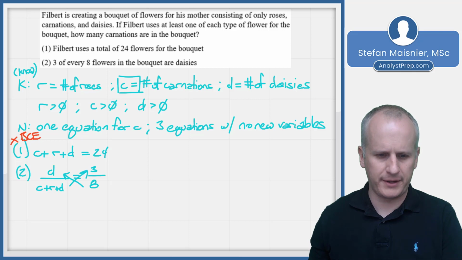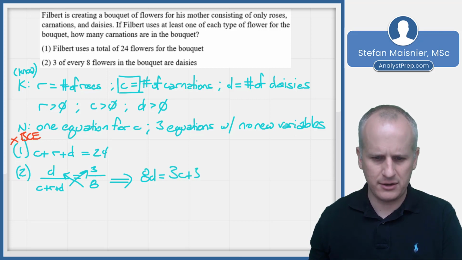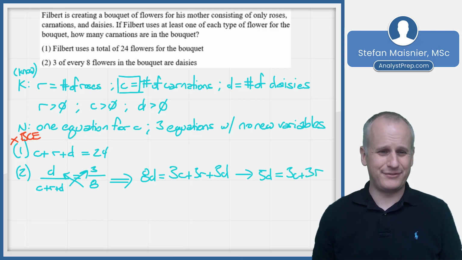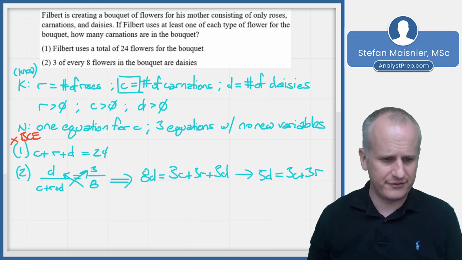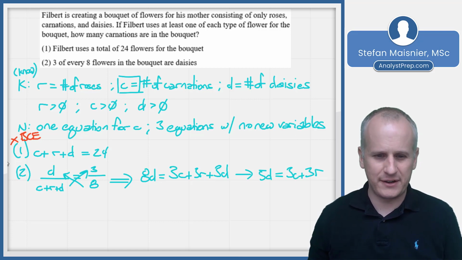So I'm just going to multiply across like this to get rid of the fraction. So I know that 8D is now equal to 3C plus 3R plus 3D. And if I combine like terms, I know that 5D is equal to 3C plus 3R. But by itself, I've got one more equation, but the same variables. It's not enough to work from. So I can't figure out exactly what C is. So that's out. So B is gone.